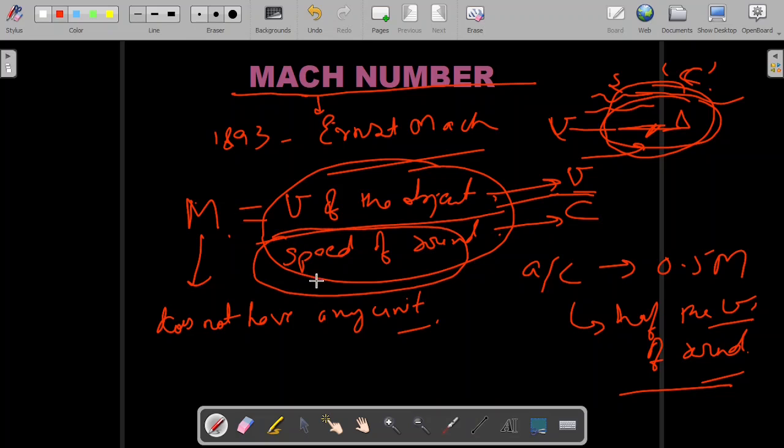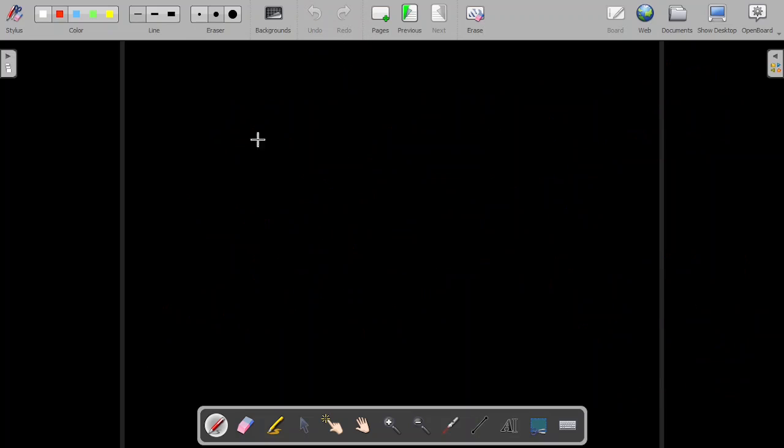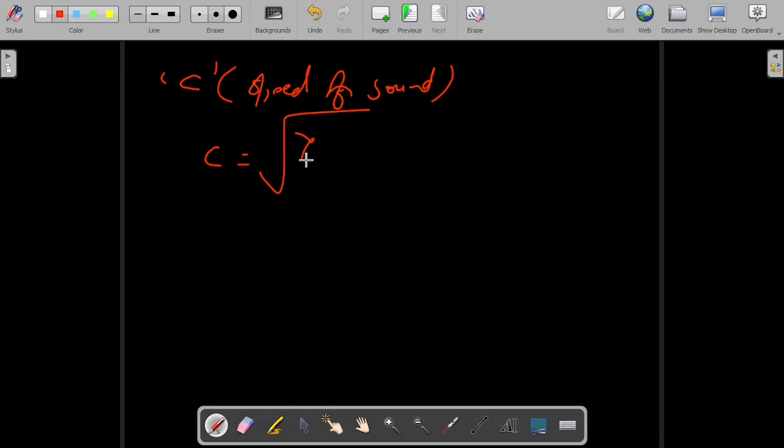Okay, now till now it is simple, but things get complicated when the speed of sound, as we know, is not constant. And I'll take another page. So speed of sound C, I'll write here speed of sound. C is also coined for the speed of light. So speed of sound C is calculated as under root of gamma R T upon M. So gamma is the specific heat constant, which is actually 1.4.